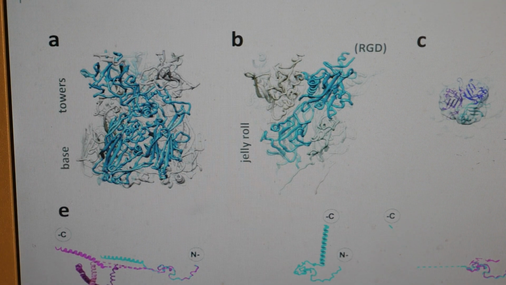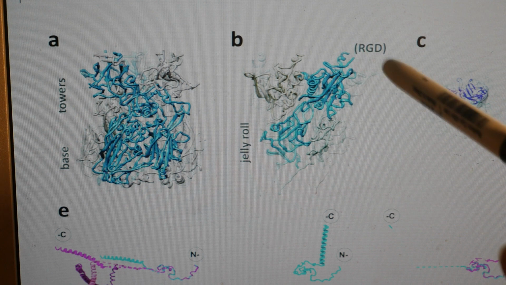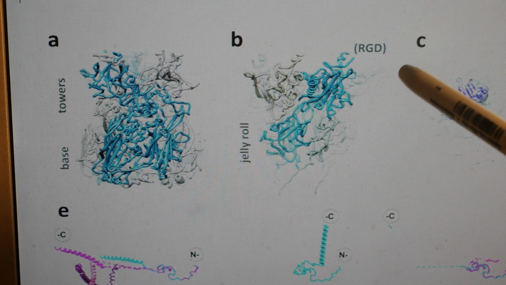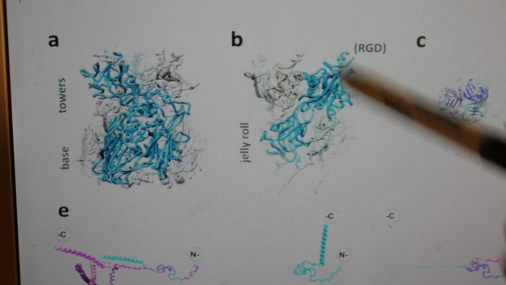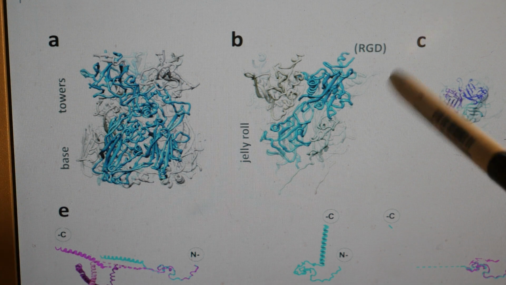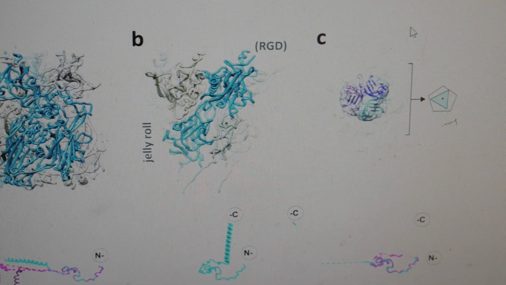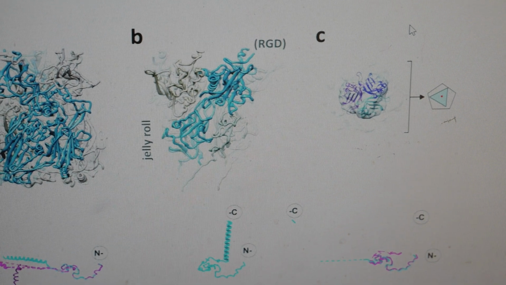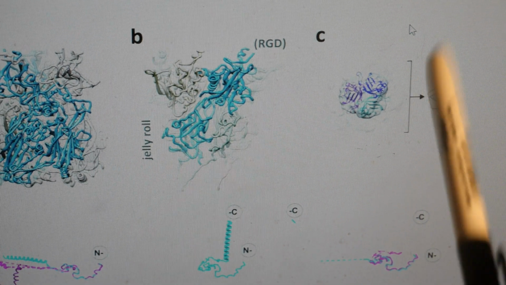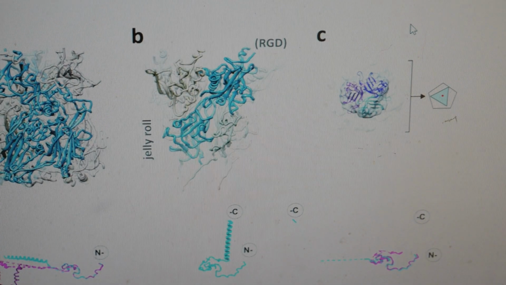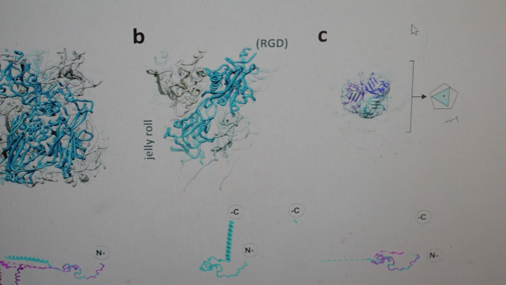And there's what you call an RGD loop shown here. RGD stands for arginine, glycine, aspartate amino acids. This is a structure of, I will try to make that bigger so you can see it more clearly.